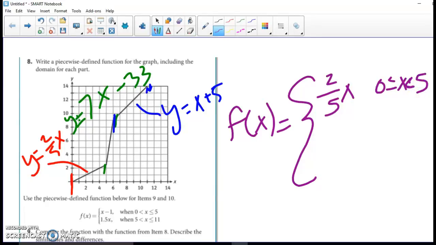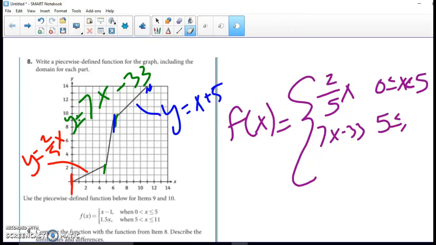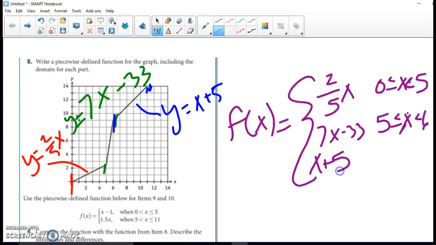And then our next equation, we have 7x minus 33, and that's when our x value is between 5 and 6. Just forgot my inequality symbol. And then our last equation, x plus 5, is for when x is greater than or equal to 6. So that's our piecewise function there.